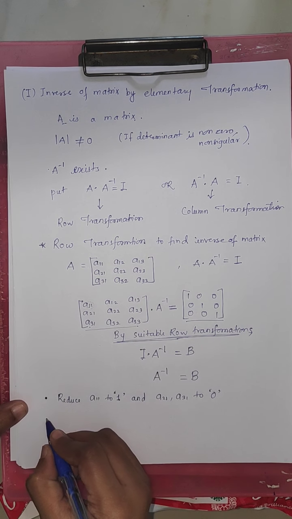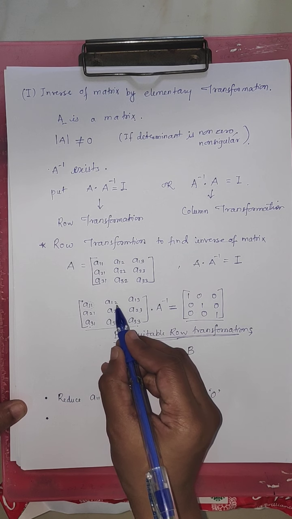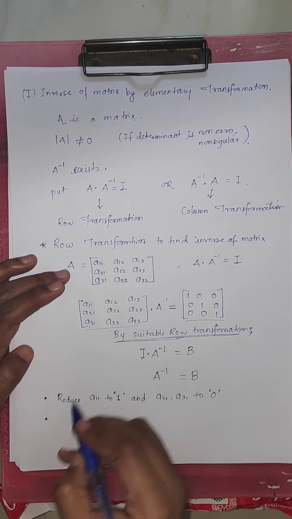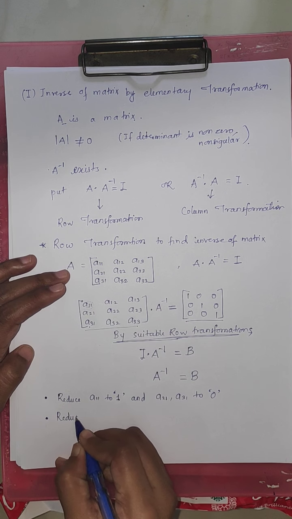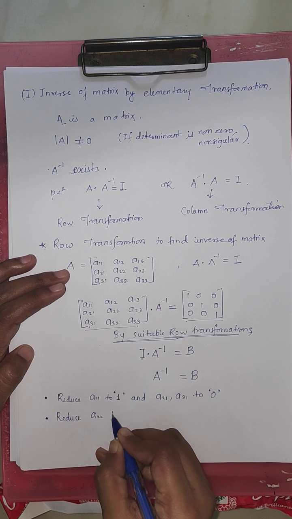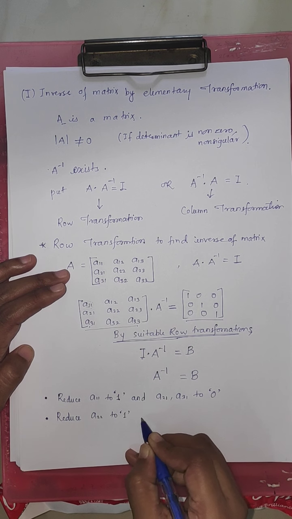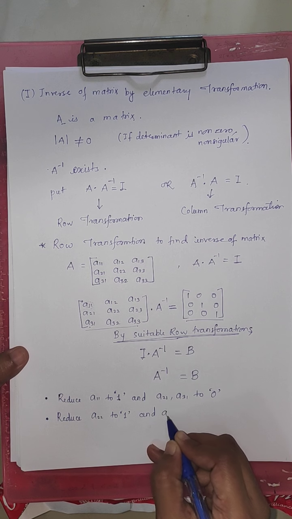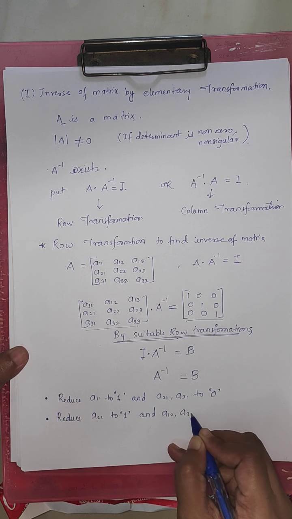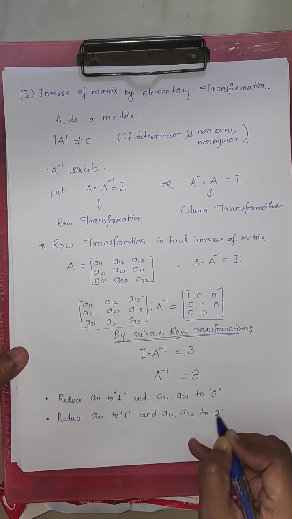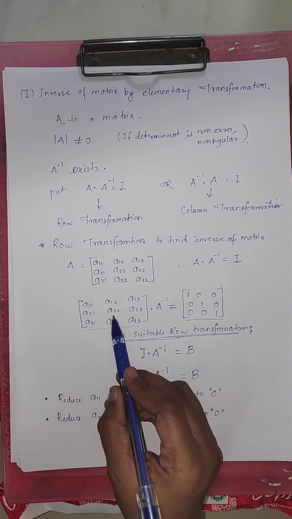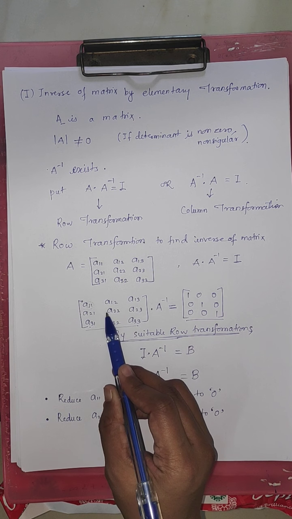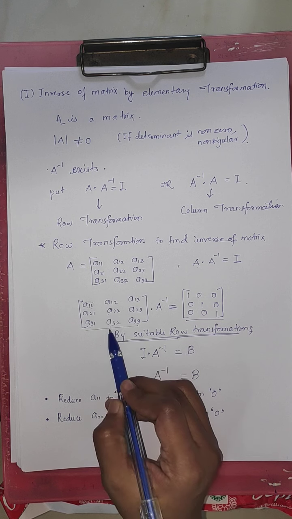This is the first step. Second step, reduce A22 to 1 and A12, A32 to 0. So reduce this element to 1 and these elements to 0.